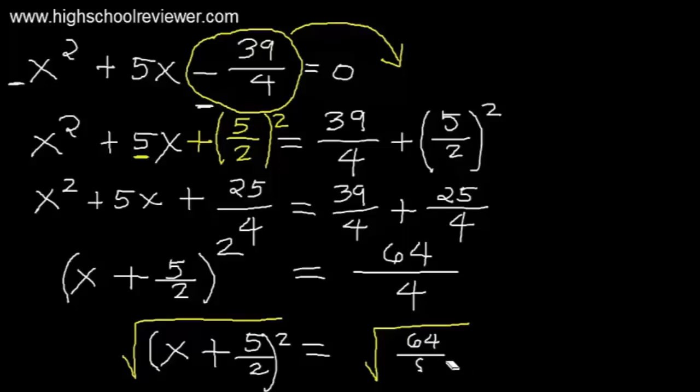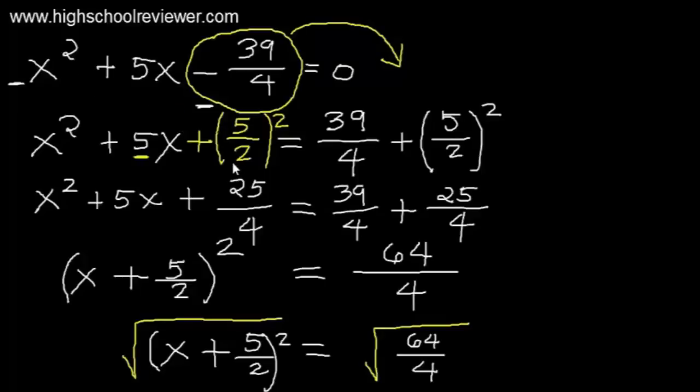So the square root of the quantity of x plus 5 over 2 raised to the power of 2 will now be x plus 5 over 2. This will be equal to the square root of 64 all over 4. Okay, so this will be plus minus 8 all over 2.